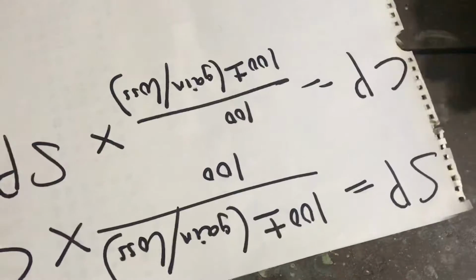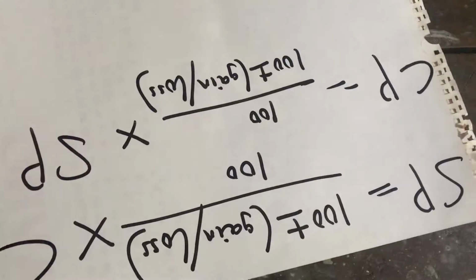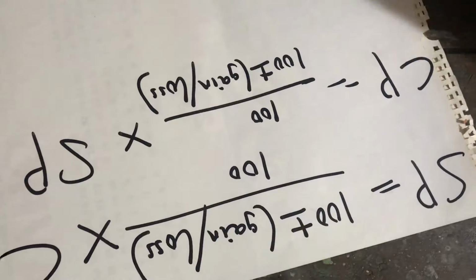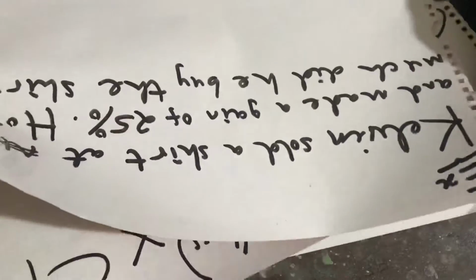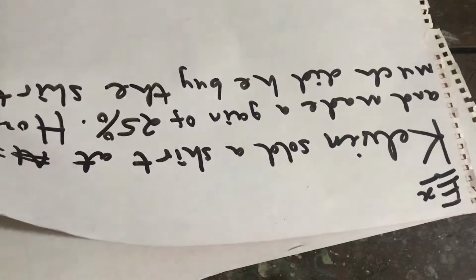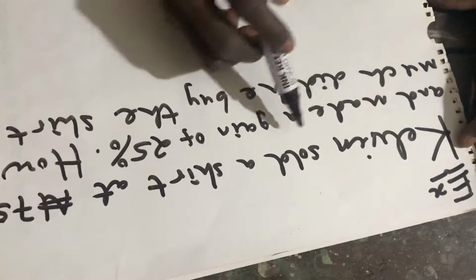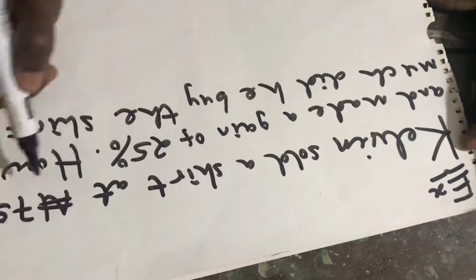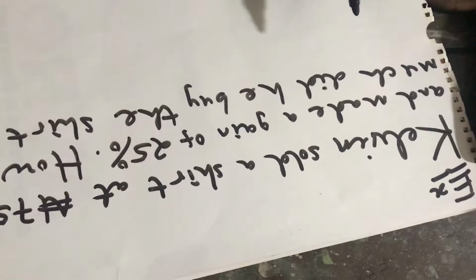So we take an example. Kelvin sold a shirt at 750 naira and made a gain of 25%.